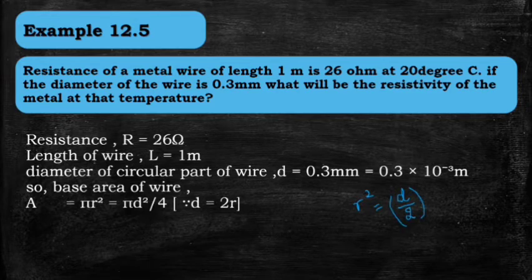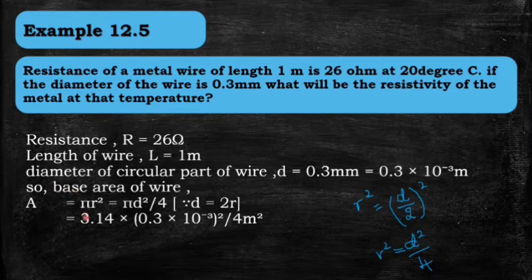Since they are asking for the square, r square will be equal to d square divided by 2 squared, that is d square by 4.